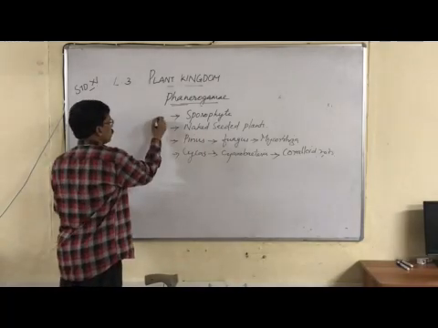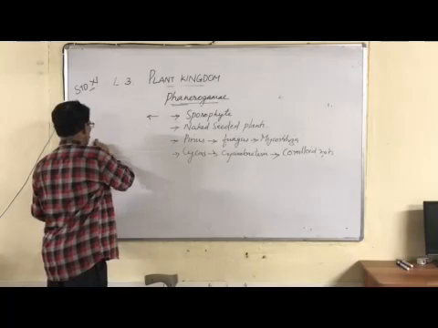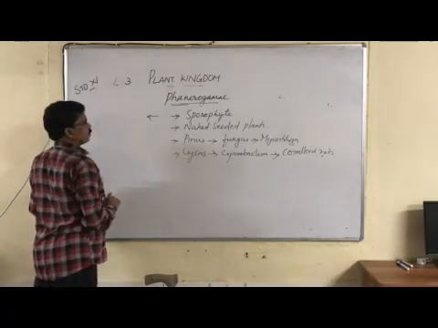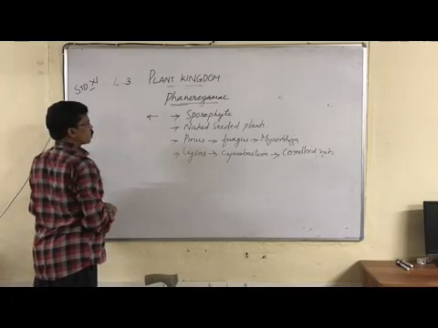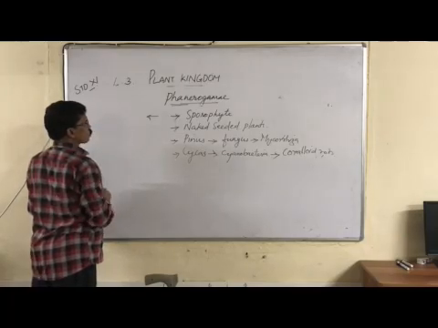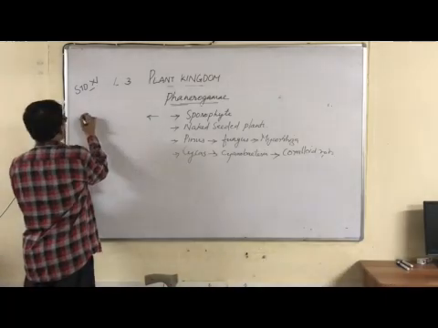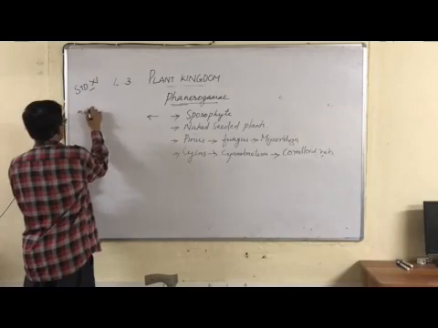Now the sporophyte has a very complicated structure. The sporophyte is the plant body. They produce spores. There are two types of spores the gymnosperm produces: microspores and megaspores.